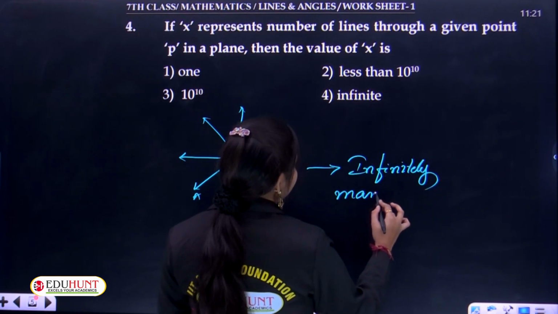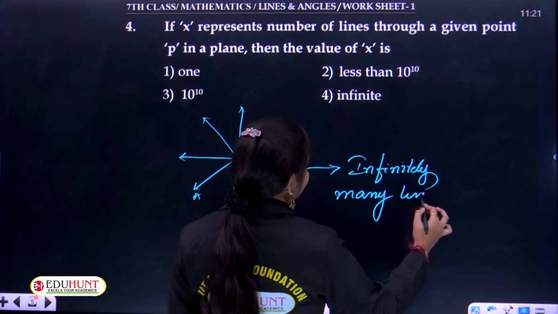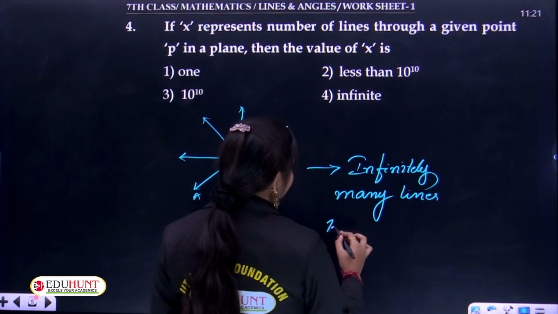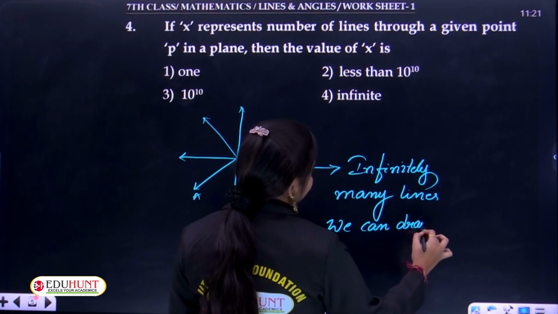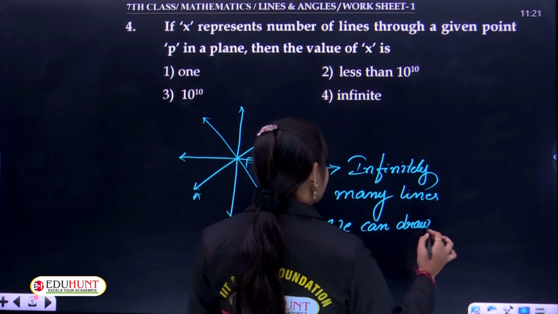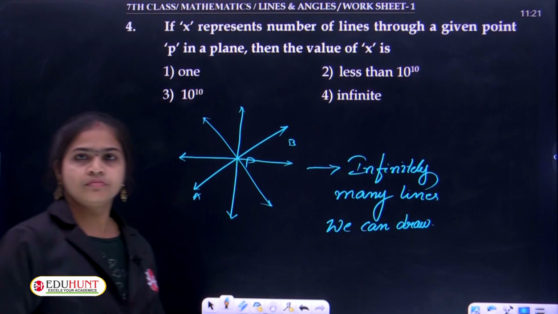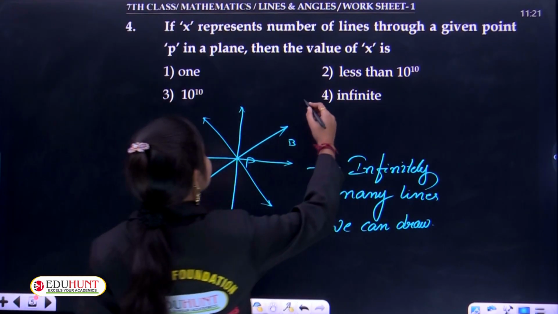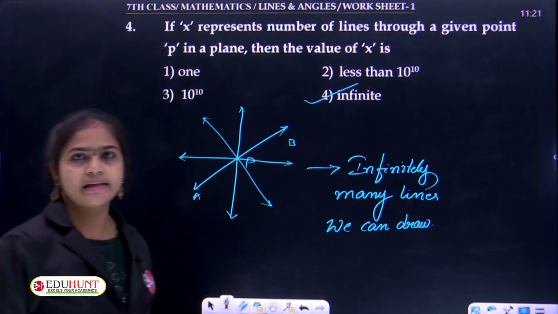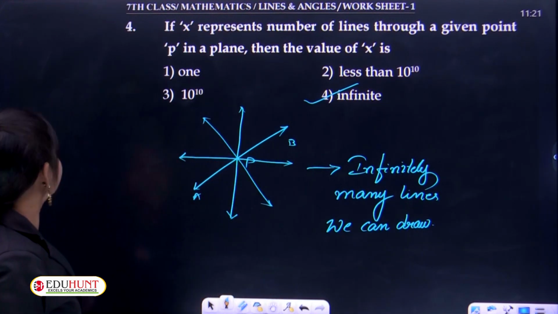Infinitely many lines we can draw. Okay, by using one point. Am I clear, ma? Then what is the answer? The answer is infinite.